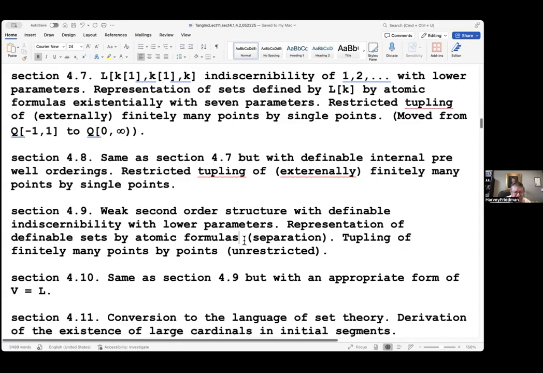I think this gets better, because we define this structure properly. It's actually a separate representation by atomic formulas, very close to separation. And then we have tupling as before.